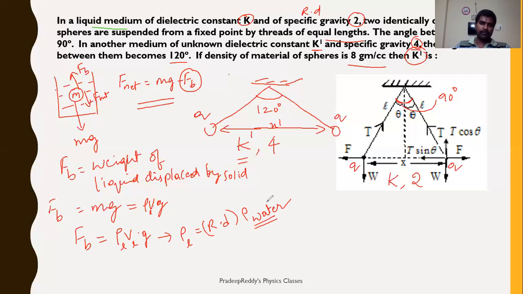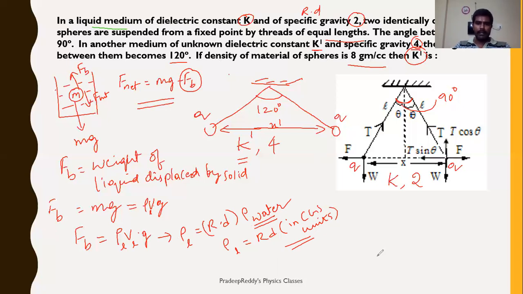However, density of water is 1, therefore density of the liquid will be equal to relative density, and relative density is given in the problem, that will be 2 and 4. And density of the material is given to you directly, that is 8 gram per cc. So density of the liquid will be equal to relative density in CGS units. These are the things you need to know before solving this problem.